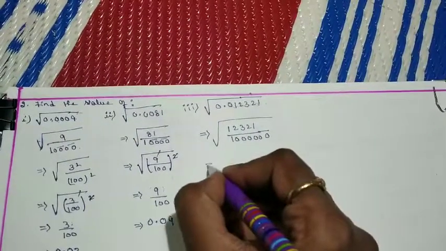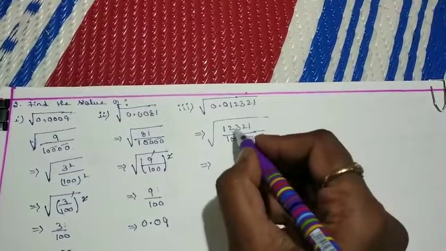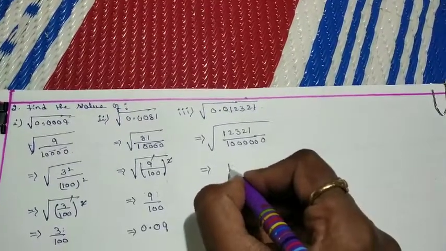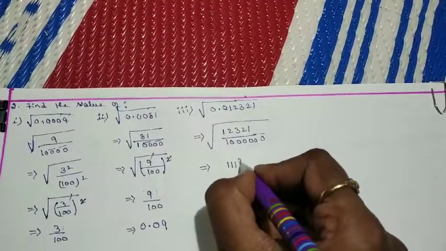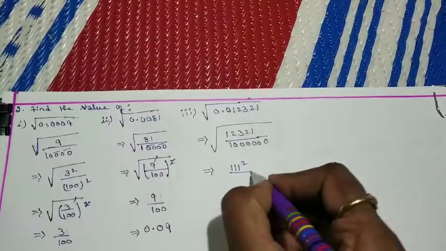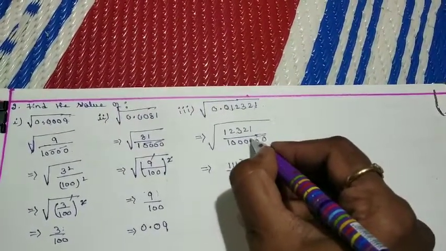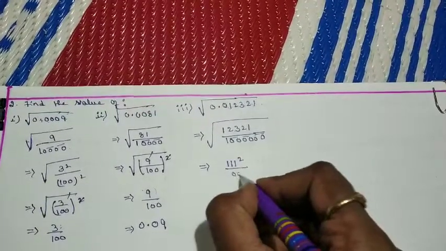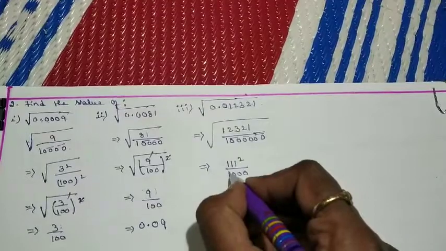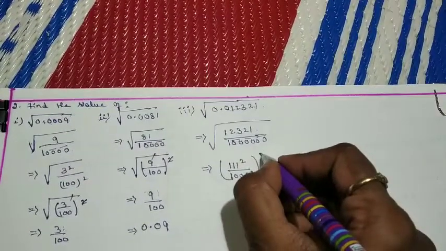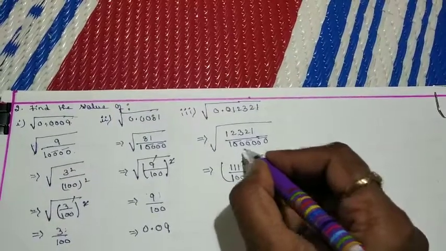And we know that in worksheet 1 we have written that 12321 is nothing but 111 square, that is 111 square is 12321, divided by, again you make the periods in the denominator, you will get 3 periods of zeros. So 1000 square is 10 lakh.